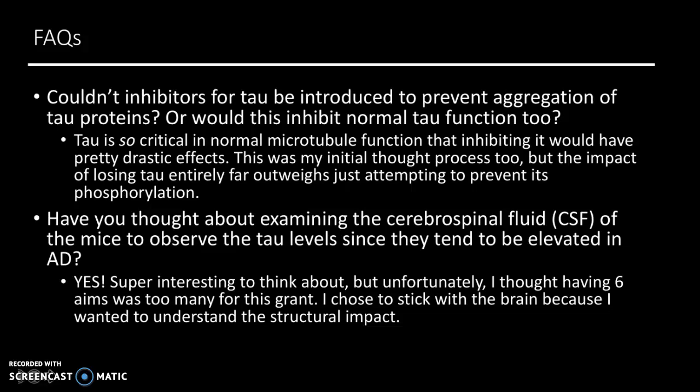I wanted to see what the effects were there. Also, I like the Braak staging analogy, how it had the increase in tau phosphorylation in the different structures throughout the brain. Cerebrospinal fluid is something that I think would be a really good next step for any and all of these experiments.